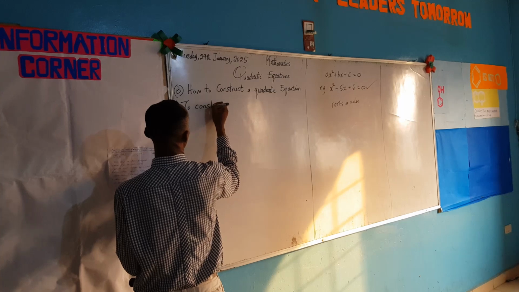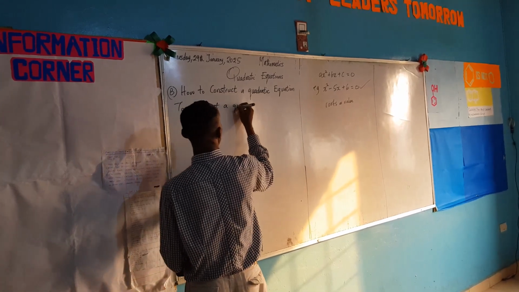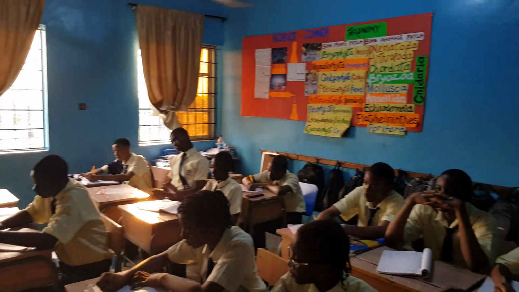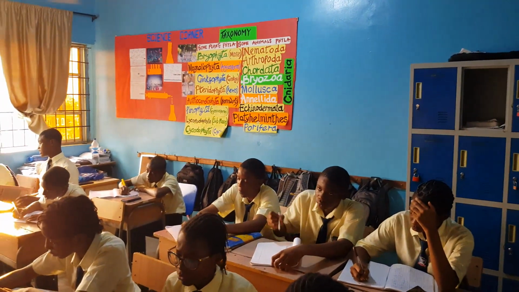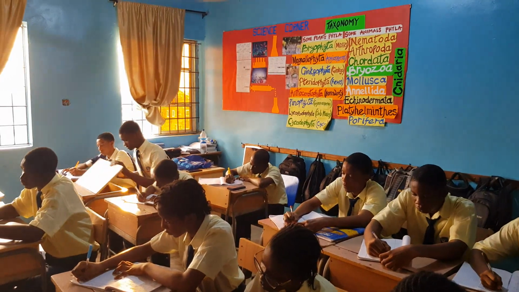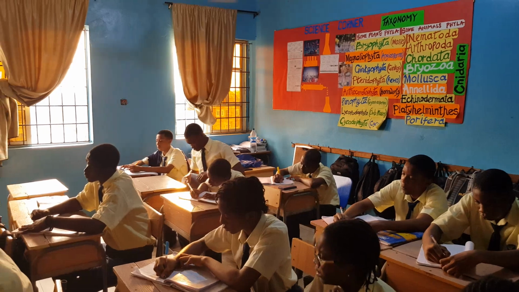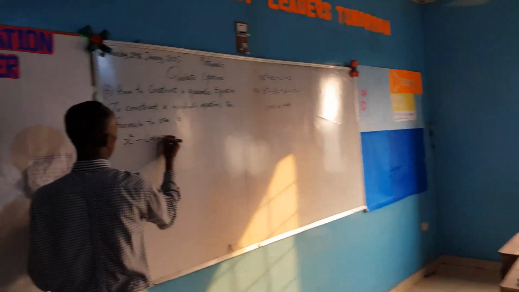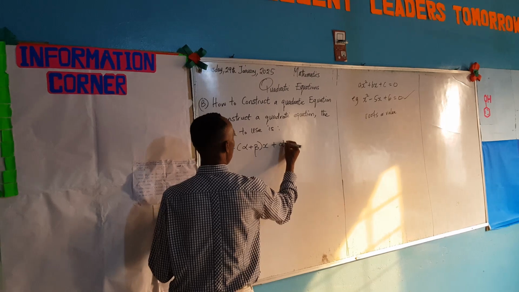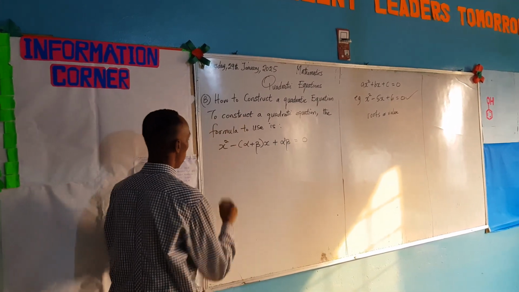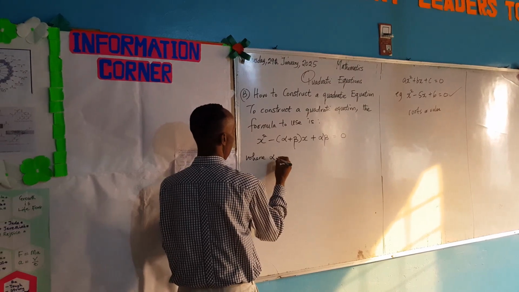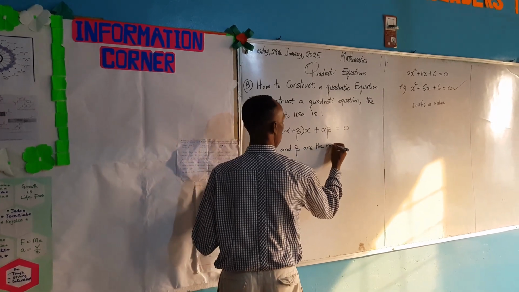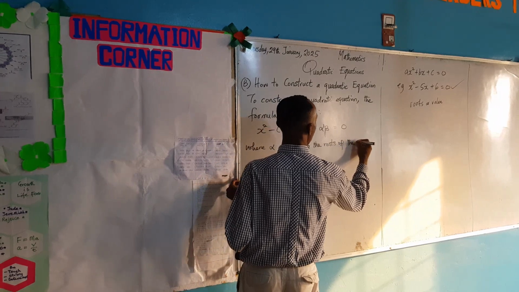To construct a quadratic equation, the formula to use is x squared minus (alpha plus beta)x plus alpha beta equal to 0, where alpha and beta are the roots of the equation.